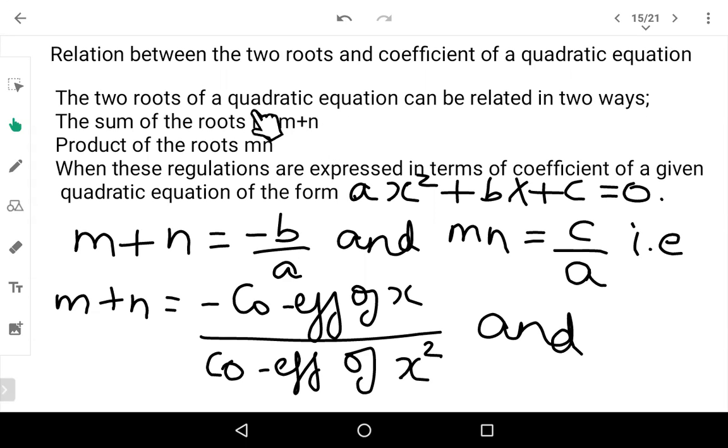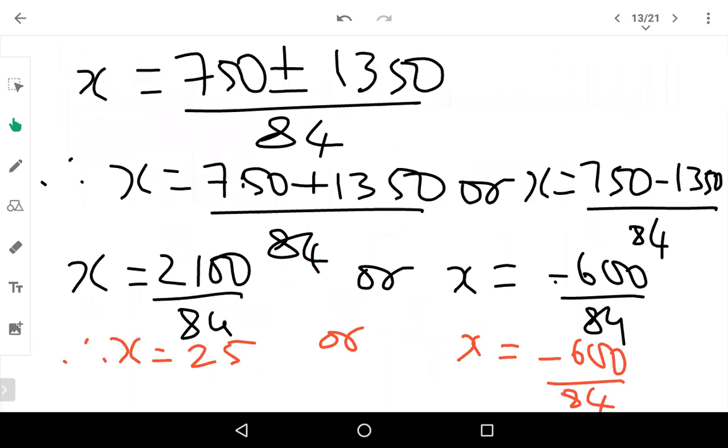Now we will be able to form equations by finding the roots. What do we mean by finding the root? In this problem, x is equal to 25 or x is equal to minus 600 by 84. So 25 is one root and minus 600 by 84 is the other root.